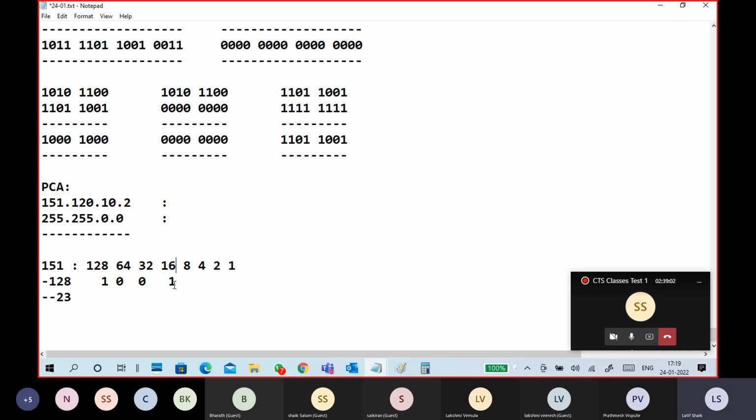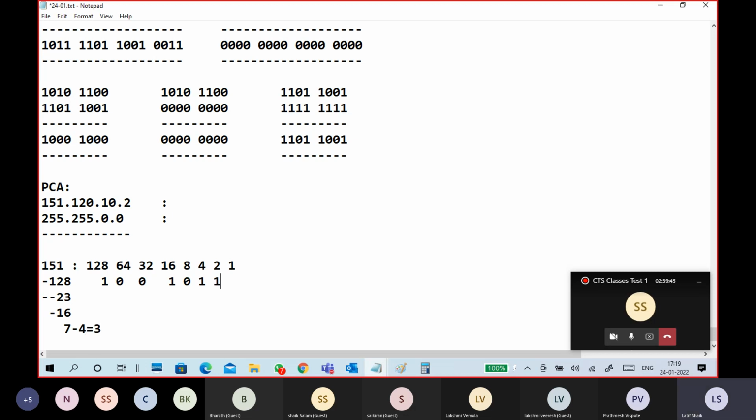So 23 is bigger than 16, I put a 1, and subtract 16 from it, which gives 7. 7 compared to 8: 7 is smaller, so put a 0. 7 compared to 4: 7 is bigger, so 7 minus 4 is 3.